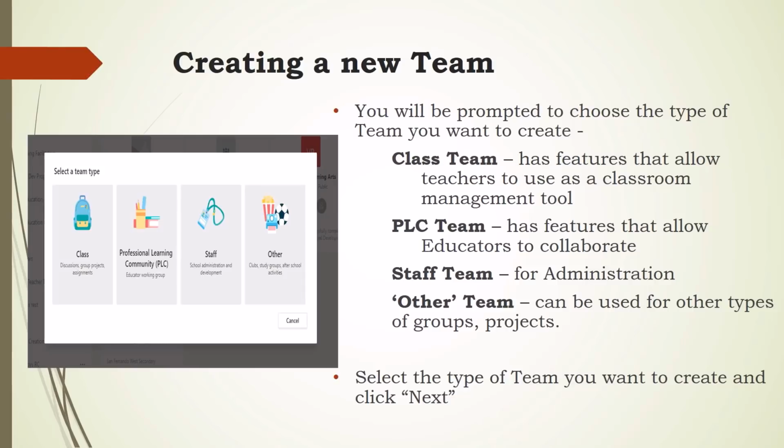It has a professional learning community team, which has features that allow educators to collaborate. It has a staff team, which is used for school administration and development, and an other team, which can be used for many other areas, for example, groups or projects. Once you have selected the type of team you want to create, click Next.